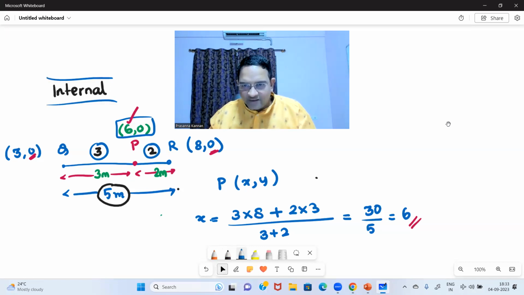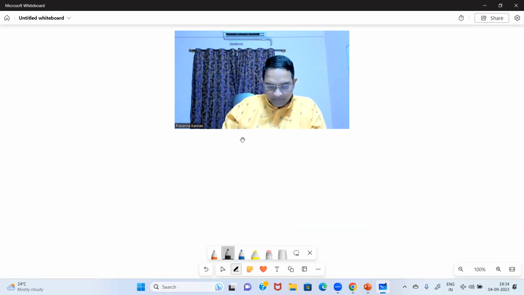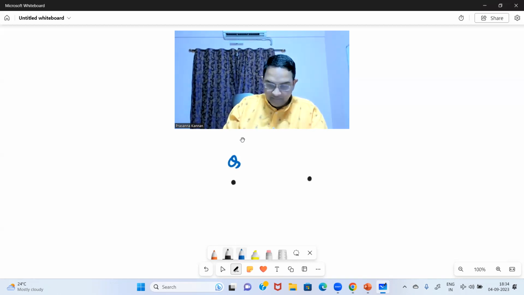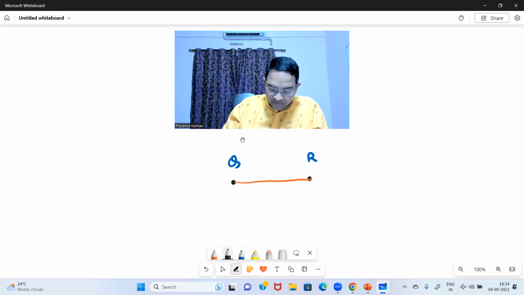Now let us look at another example. Let's say we have a point Q. Let's say we have another point R. Let's say the line joining the 2 points, let them be separated by a distance of 10 meters.